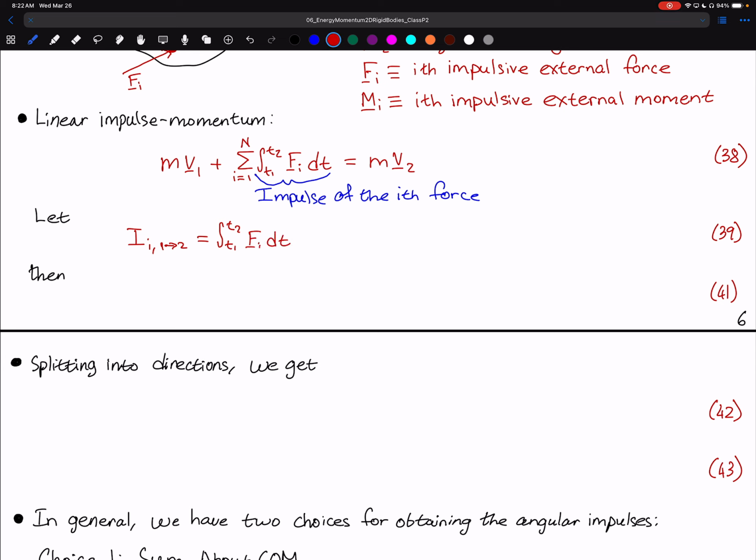So then for translational impulse momentum, we can write that this is the momentum m v1 plus the summation i equals 1 to big N of I, and this is still a vector. This I is a vector term. I sub i from 1 to 2, and that's equal to m v2.